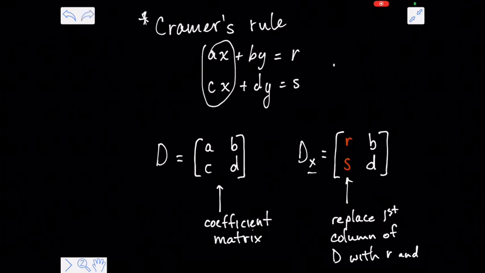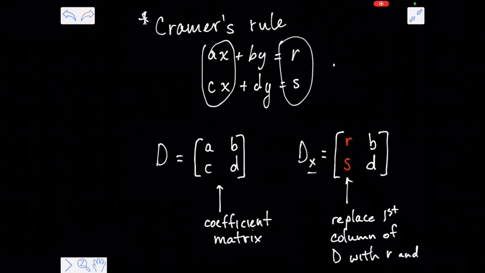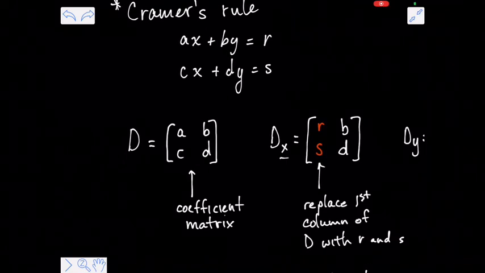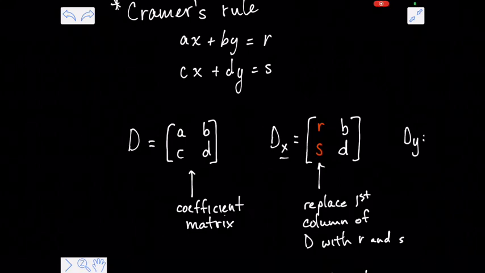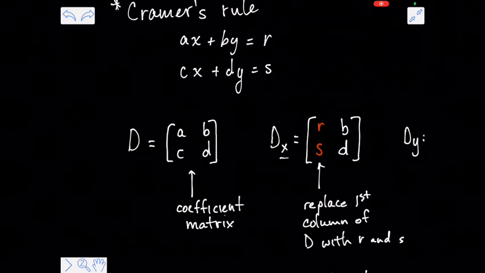Notice I've taken out the coefficients in the x column, a and c, and replaced them with these values here. So d sub x, these values just replace the coefficients that were in front of x. Okay? So replace the first column of d with r and s.